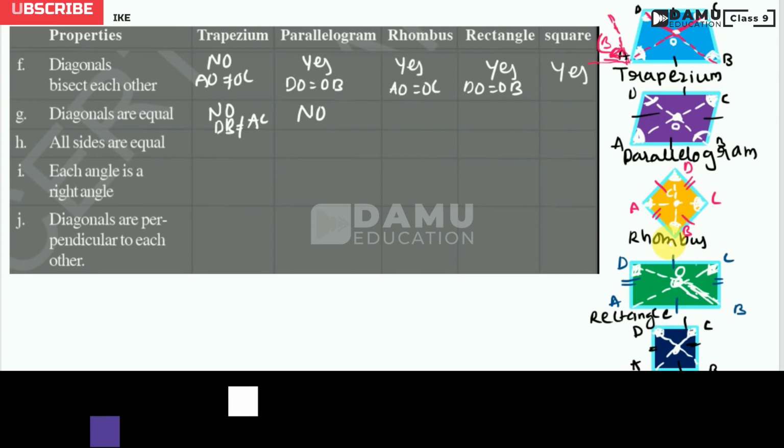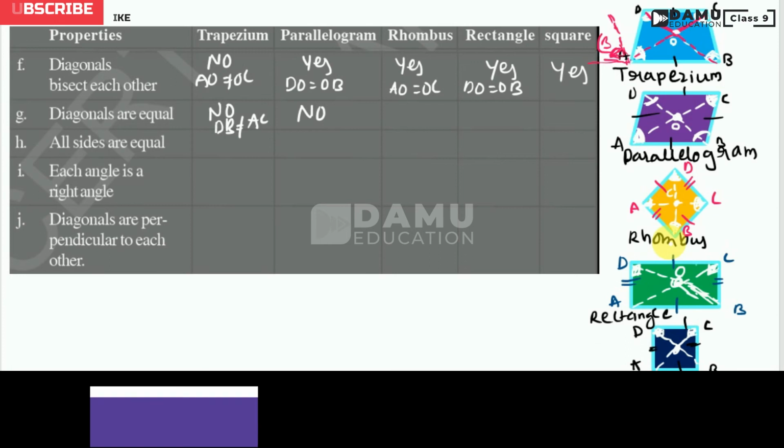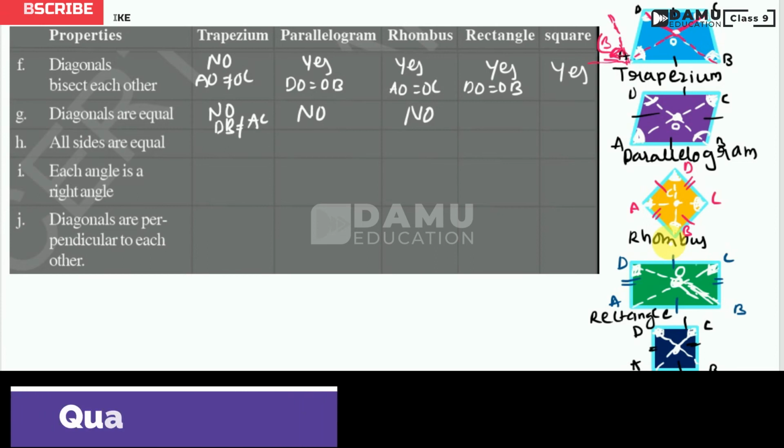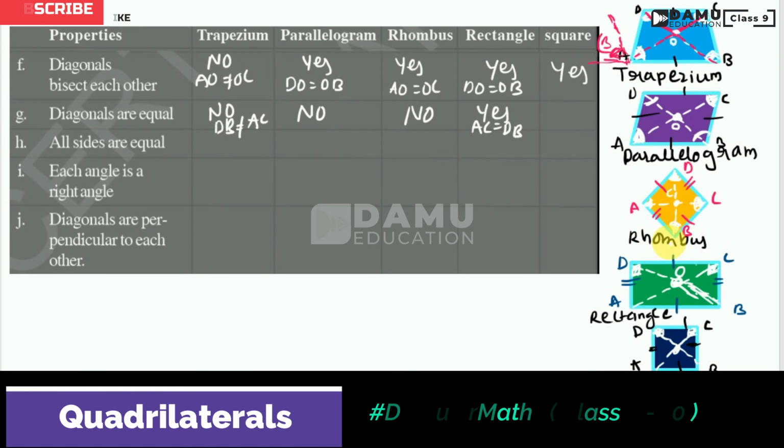For rhombus also diagonals are not equal, one diagonal will be larger and one smaller. For this also no. Then rectangle diagonals are equal but they are not perpendicular to each other. So diagonals are equal, that is AC will be equal to DB. Then square also, obviously, yes.